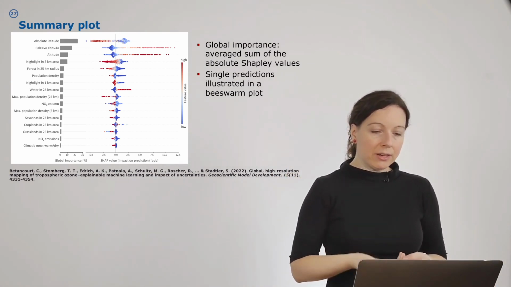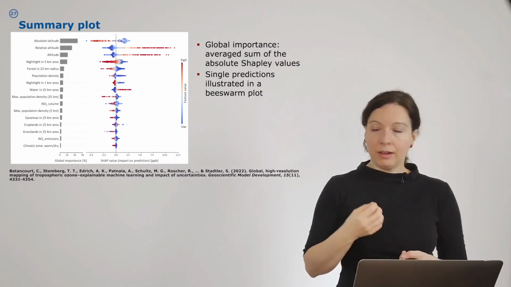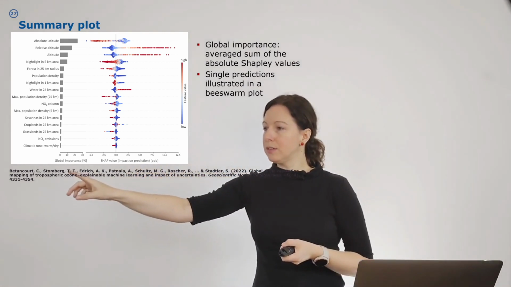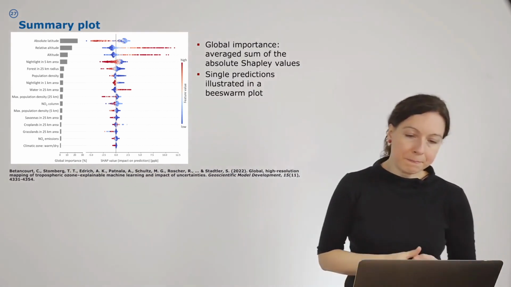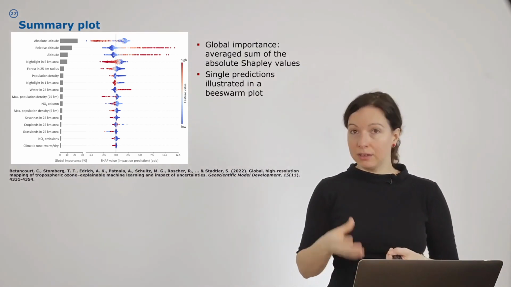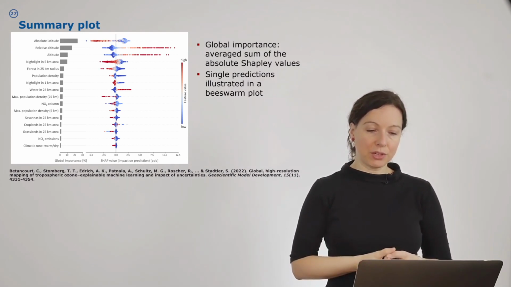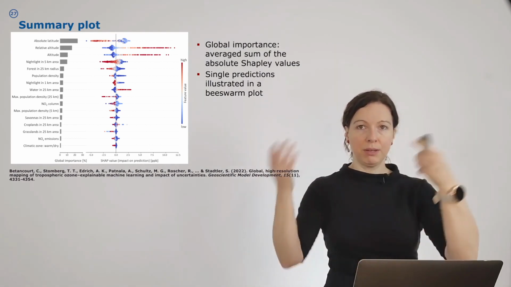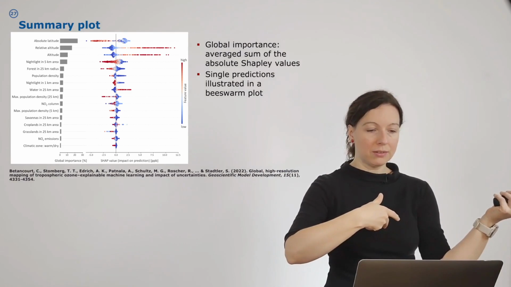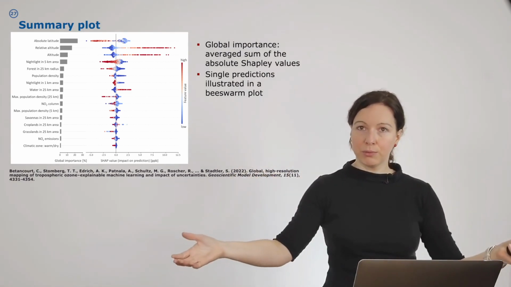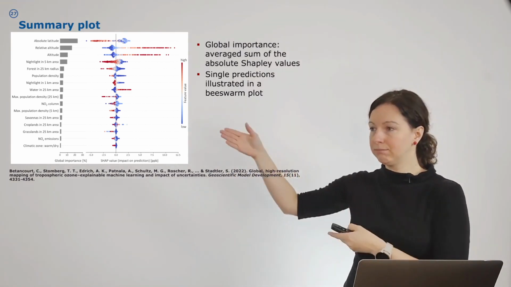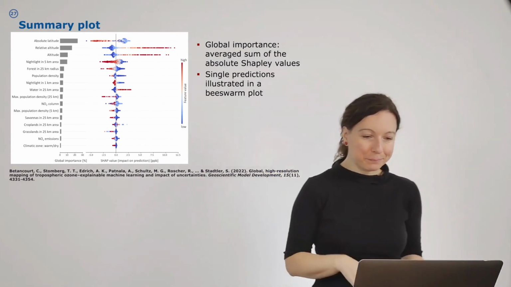On the left are the features used as input. And right next to them is the global importance, which is the average sum of the absolute Shapley values. The absolute Shapley values are what I showed you on the last slide. And if you perform it for the whole data set, you can get such a plot.